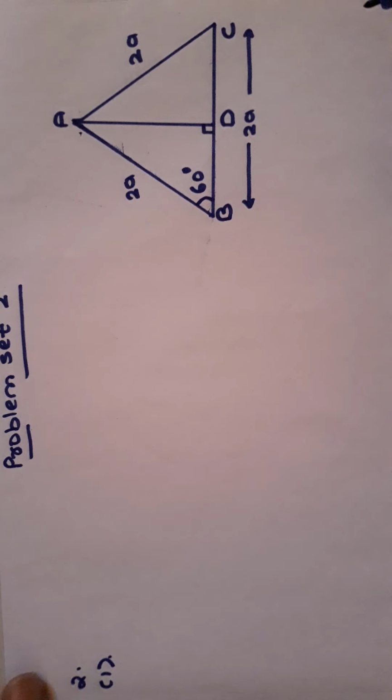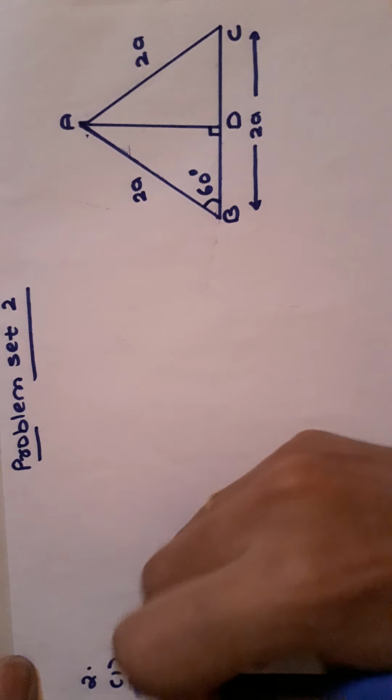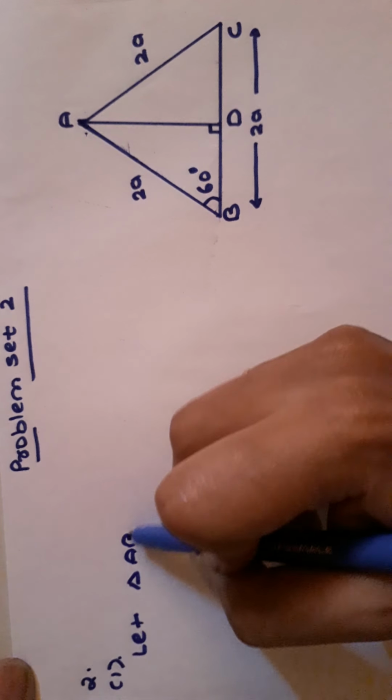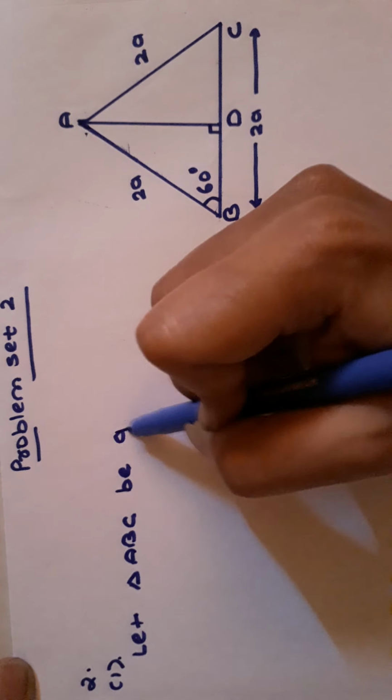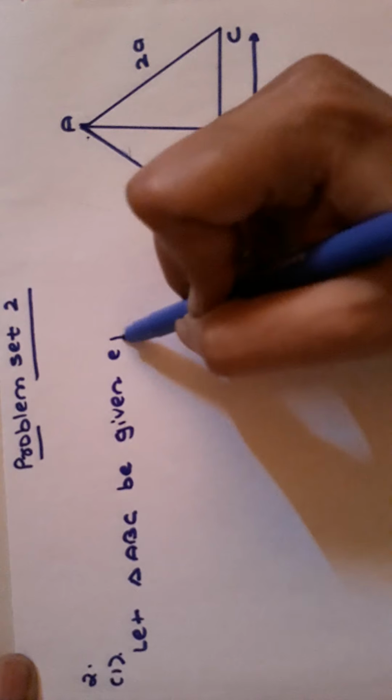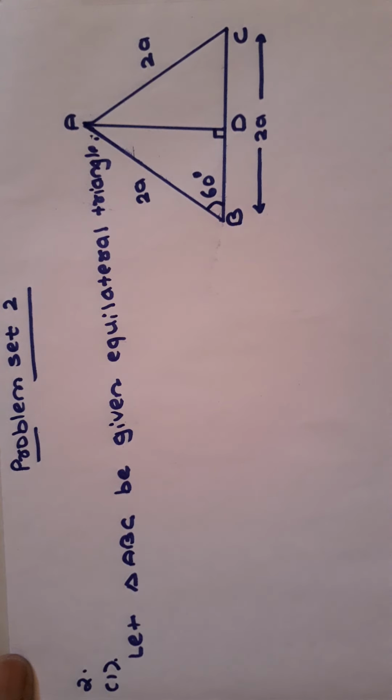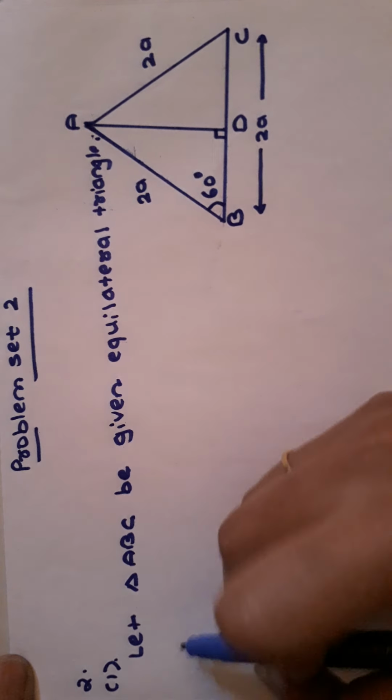Question number 2, the first one. Find the height of an equilateral triangle having side 2a. Let triangle ABC be the given equilateral triangle.